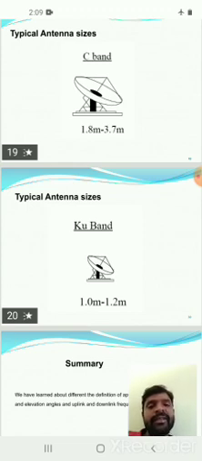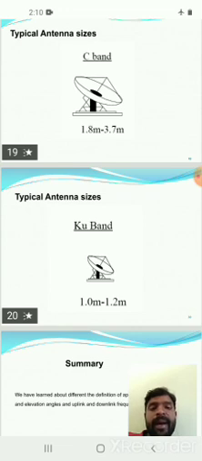Since it has lower frequency, we have a larger antenna diameter. So the antenna size is larger for C band compared to Ku band. Here C band is 6 GHz, so the antenna size is approximately 2 meters to 4 meters.